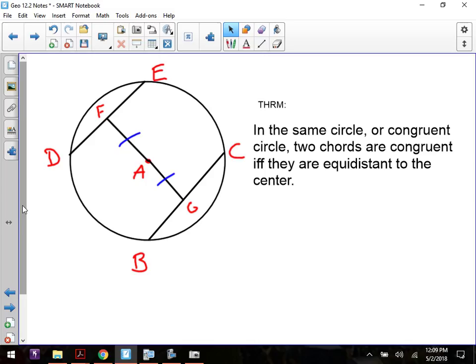Now, if I draw equidistant to the center, we're always drawing perpendicular distance. So if I'm perpendicular to a chord, I bisect the chord, which creates hypotenuse leg over and over, which gives you these distances being the same. Again, it's a lot of special right triangles.